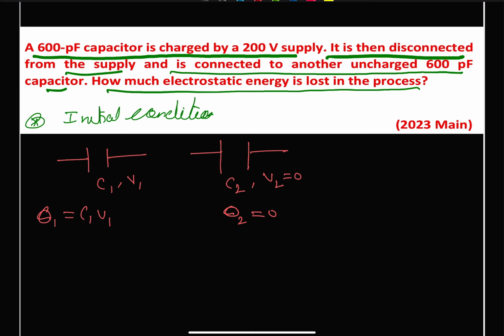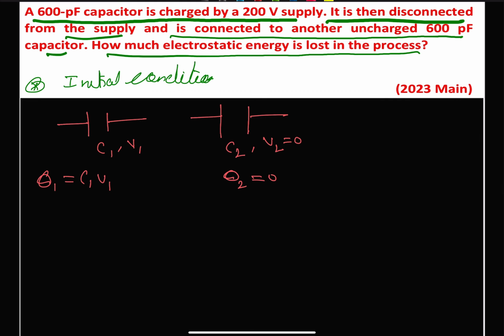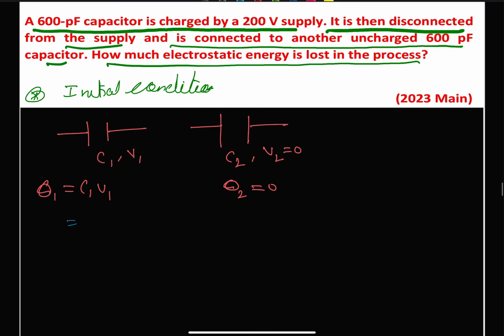And we can find out our Q1. Q1 will be equal to our supply voltage of 200 and this is 600 picofarad. So this comes 600 into 10 to the power minus 12 multiplied by 200. And this will be equal to 1.2 into 10 to the power minus 7 coulombs.